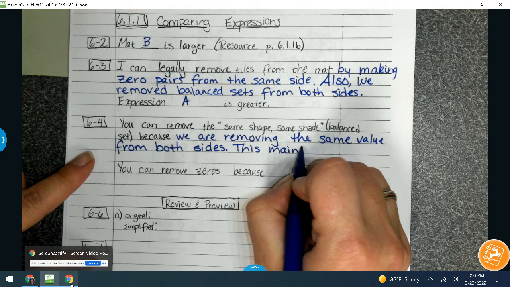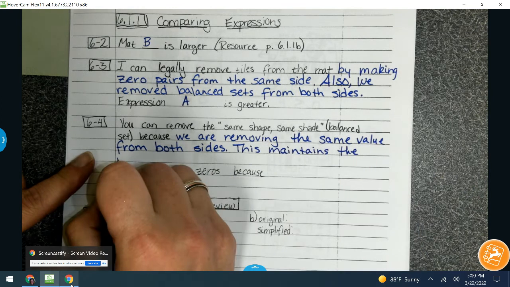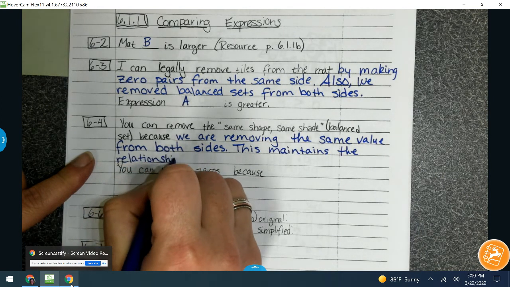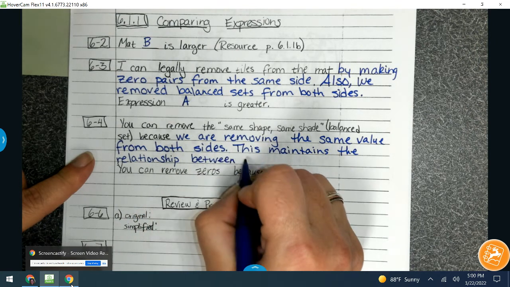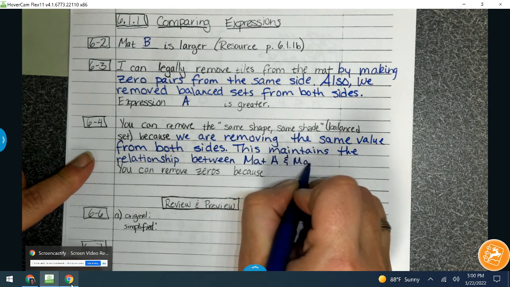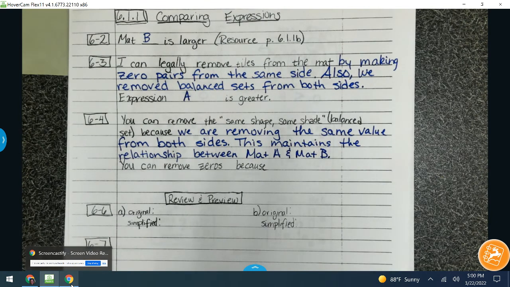So it maintains the relationship between mat A and mat B. Because if we start to mess with the relationship between mat A and mat B, we're never really going to know which one is greater.